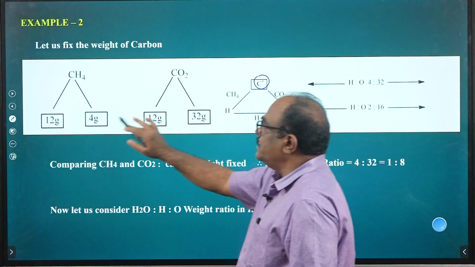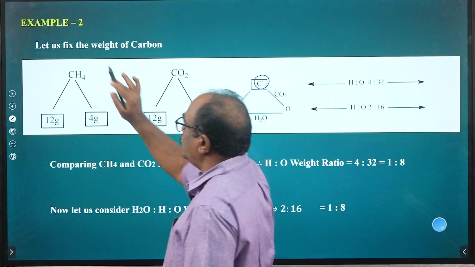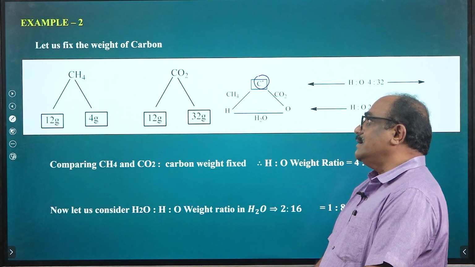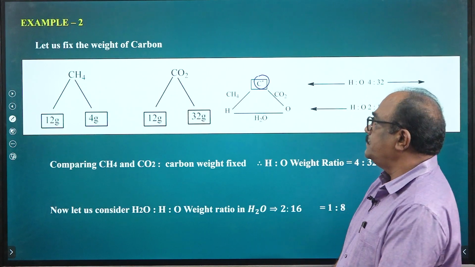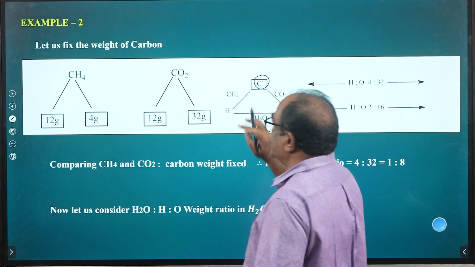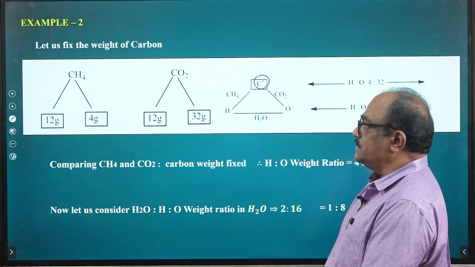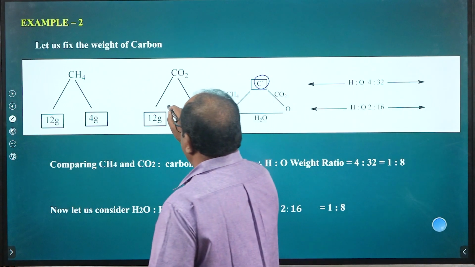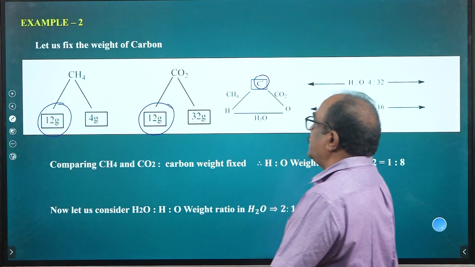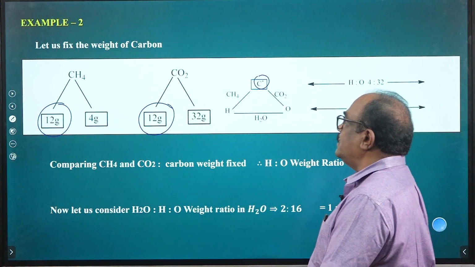So, for that I made the verification. The CH4 molecule is taken. Every 12 grams of carbon is combining with 4 grams of hydrogen. In carbon dioxide, 12 grams of carbon is combining with 32 grams of oxygen. I am going to fix the carbon weight. With a fixed weight of carbon, what are hydrogen and oxygen combining?